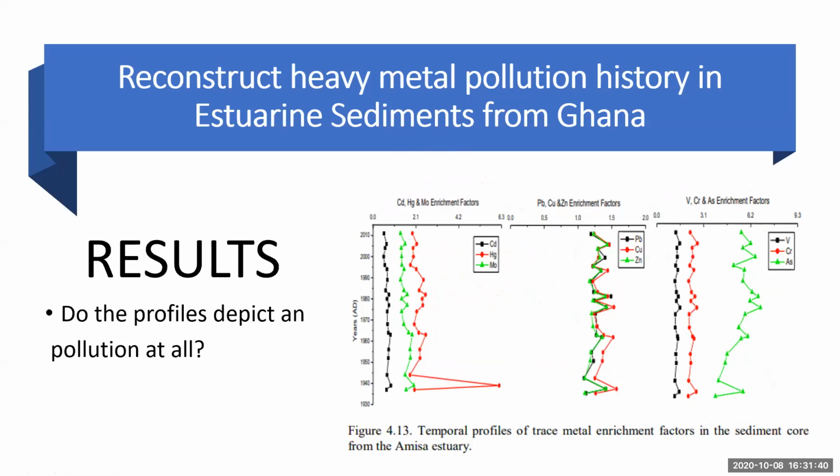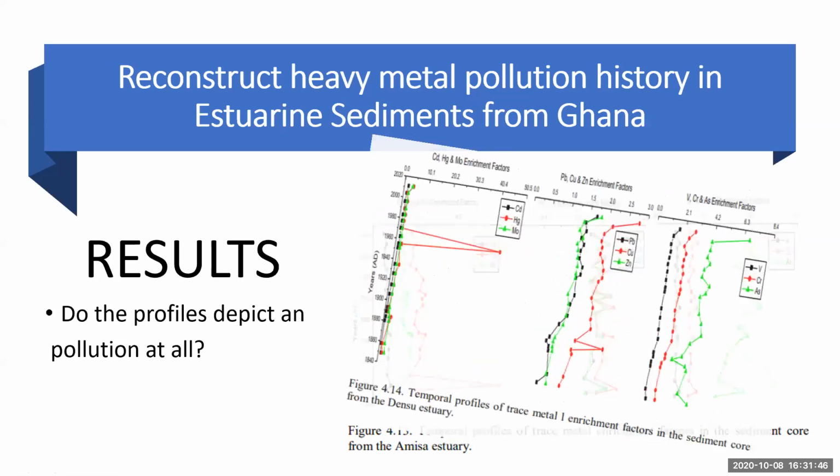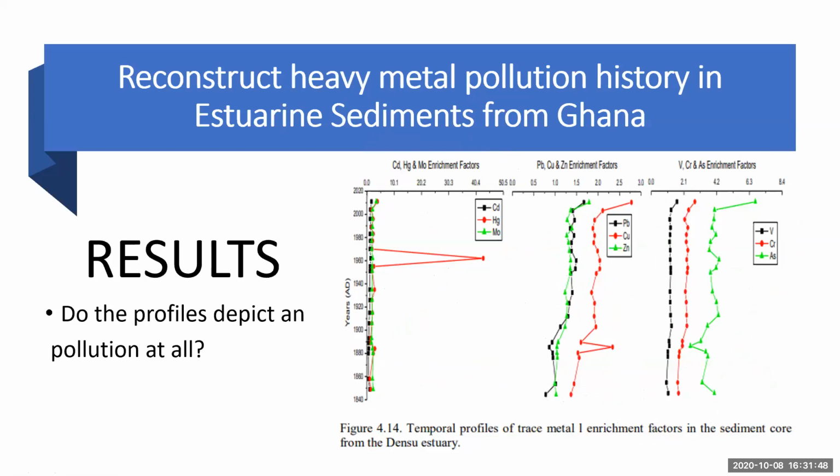And then the same thing is also happening in Emisa estuary, which is in the central coast. And then when you come to the eastern coast, you find metals such as lead, copper, and cadmium having very high enrichment values over the years.